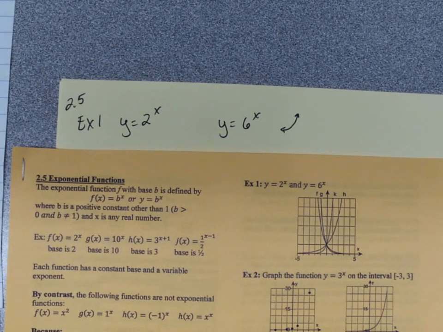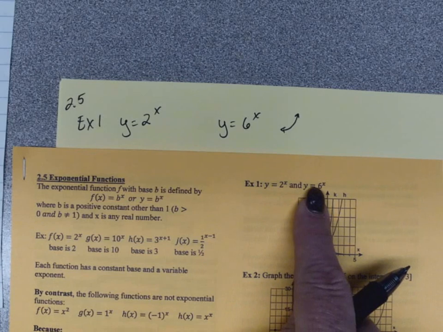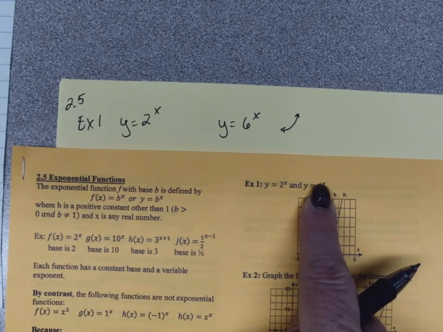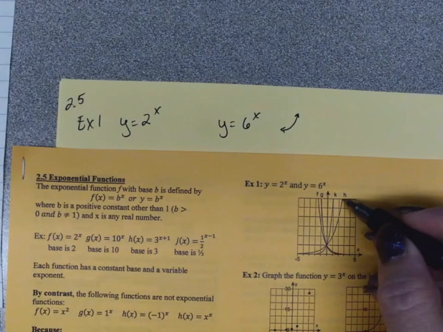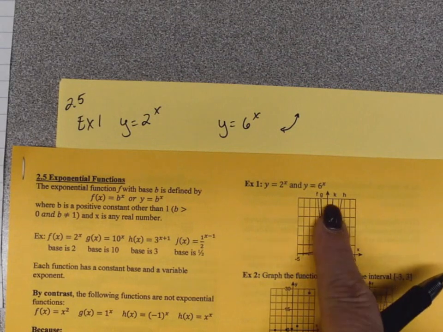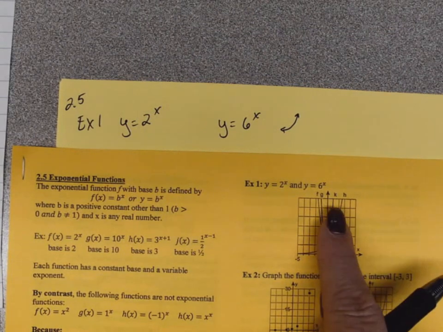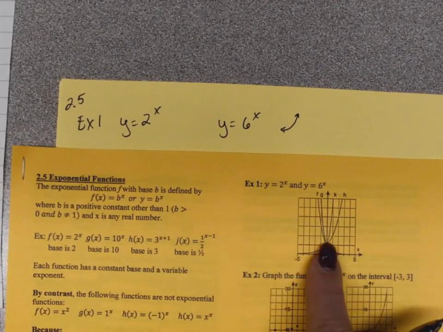Well, the larger our b, the steeper the curve is going to be. Because the base of 6 is larger, if we're looking at h and k, k is going to be the steeper graph, and h will be the graph with the 2 to the x.